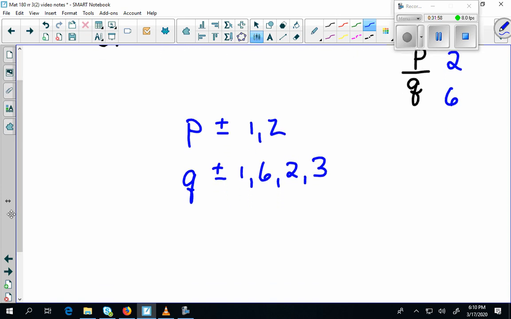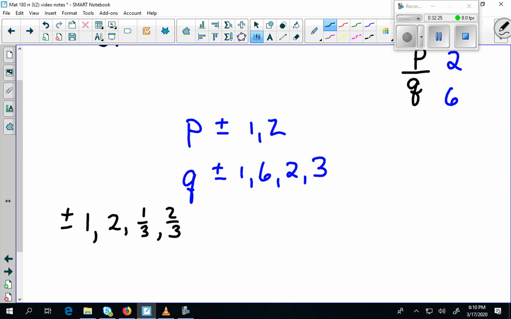So if I'm looking at that, I'm thinking of all the different ways P over Q could happen. And you can get any combination of positive, negative. So everything's going to have positive, negative. I'm going to get positive, negative 1, positive, negative 2, positive, negative 1/3, positive, negative 2/3.